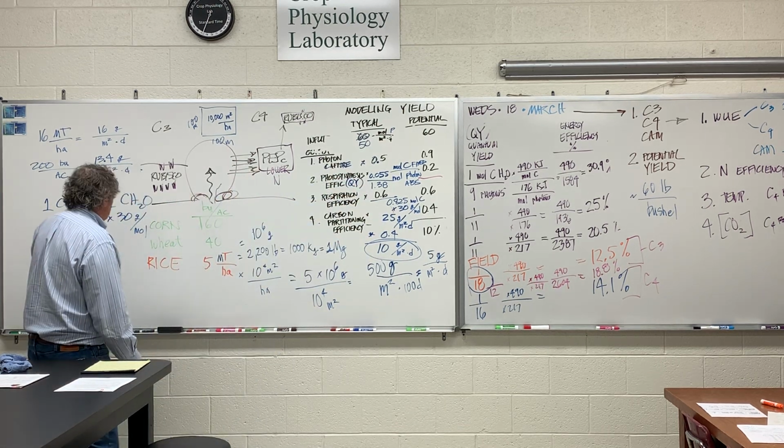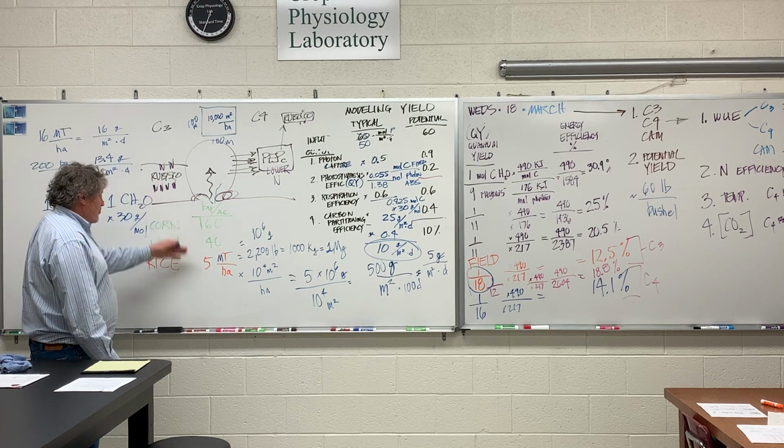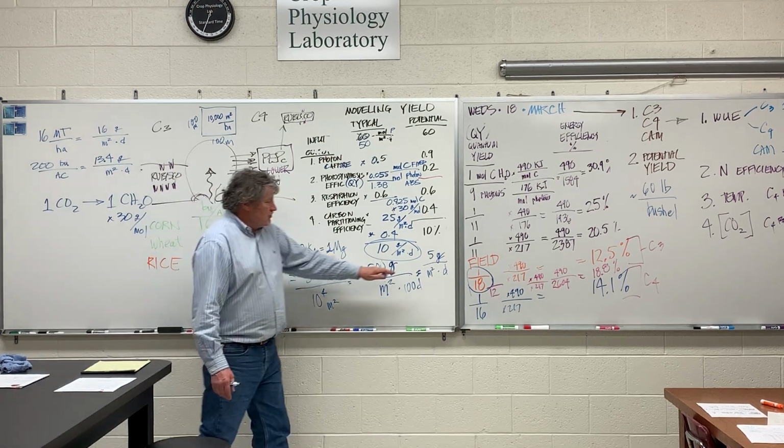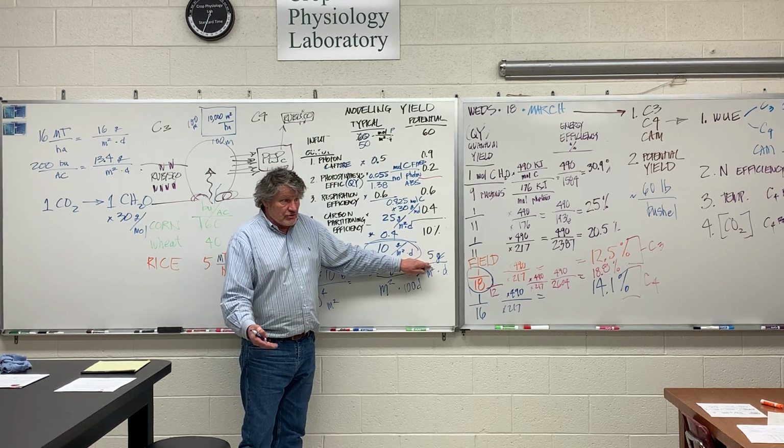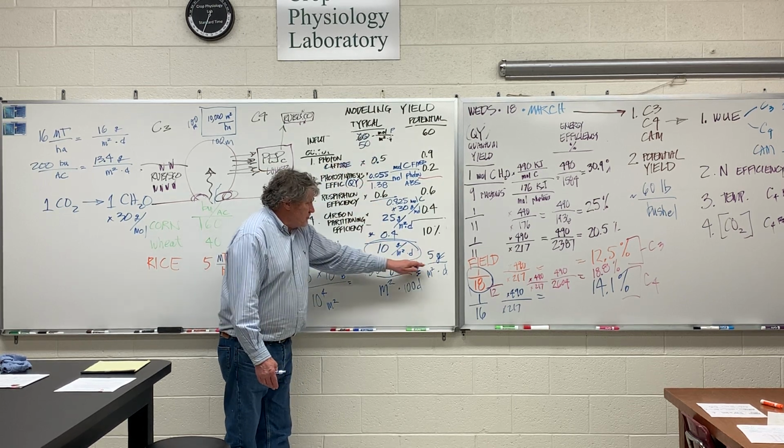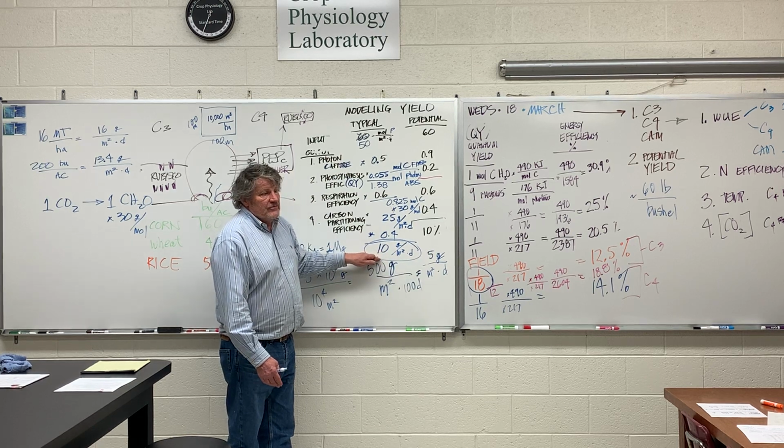And look, the rice at 5, that was only 5. It shows you the potential for agriculture. With reasonable inputs, we could double that to 10.